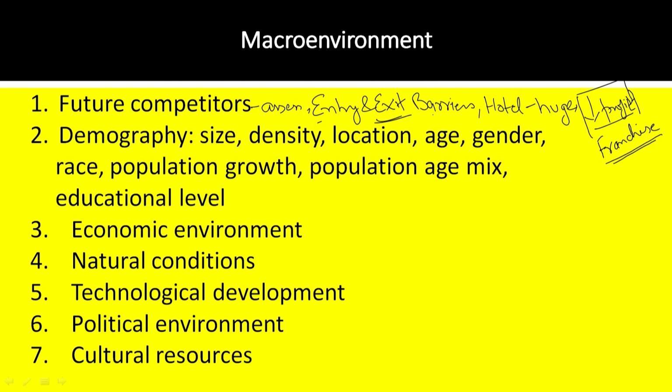Now next is economic environment. When the economy is going well, when people are getting money, people have job security, then obviously people also have money to spend on tourism products. So the more growth in the economy, the better purchasing power and the better spending patterns.